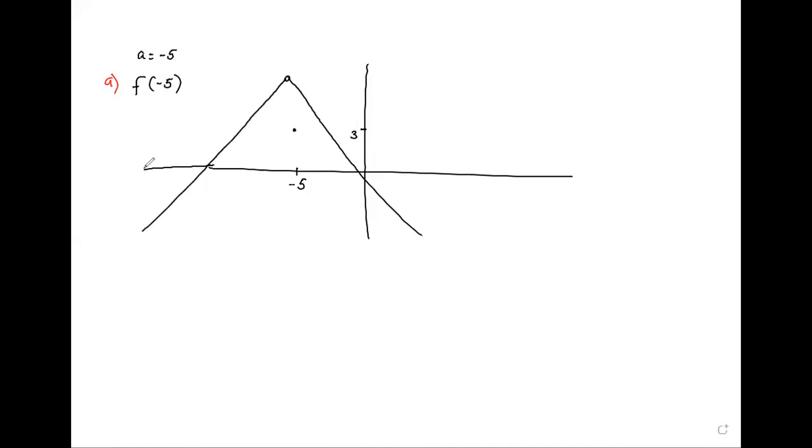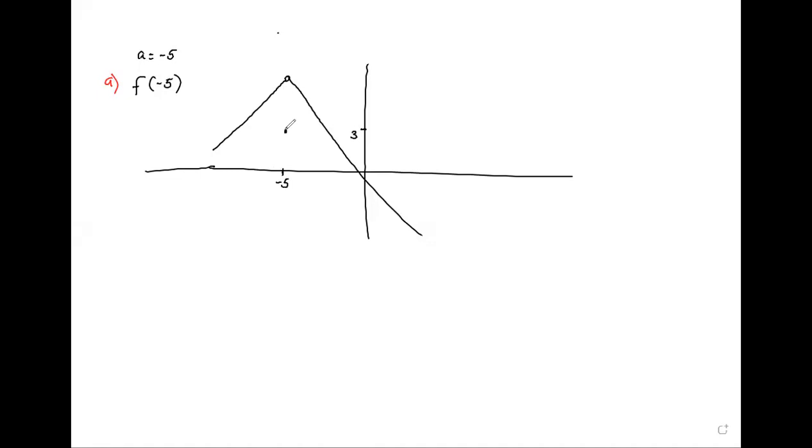In fact, it's not reaching that far. It's going down like that. So this is -5, and we have a point there.